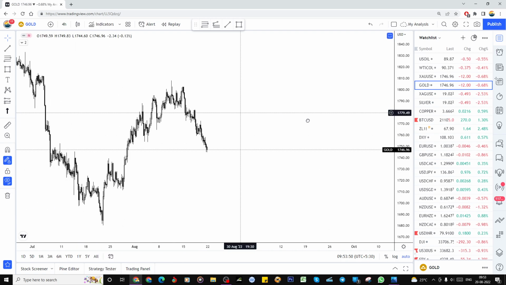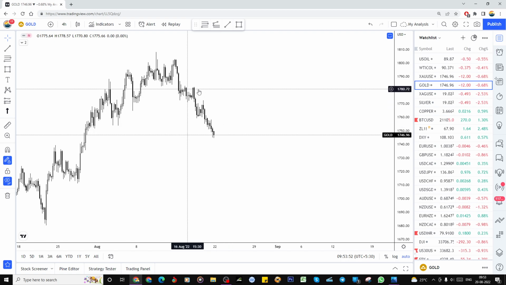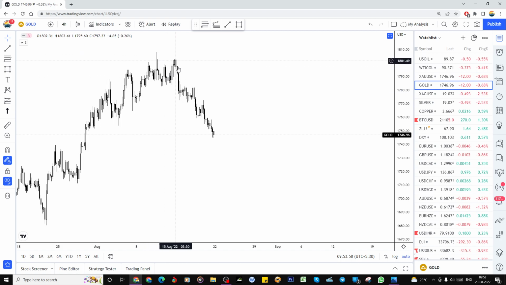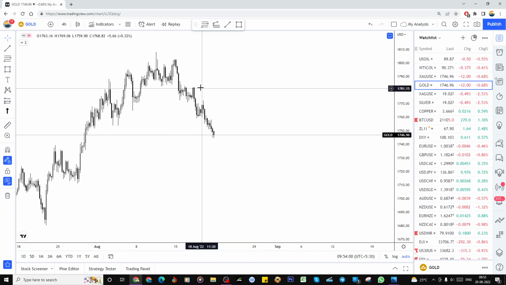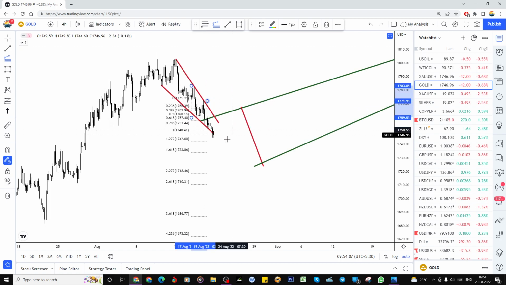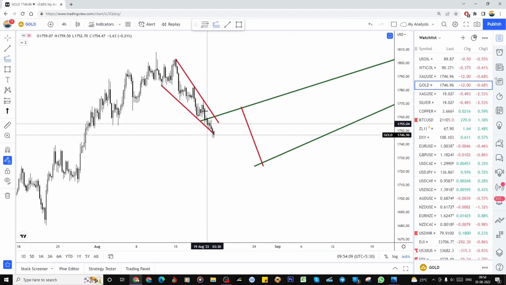Here it's looking like a 1 2 3 4 5, a wedge formation also. This is the one A, B, and C also, but here it's more than that. I'm not sure whether this is a 1 2 3 4 5, or whether this is a B, or A, B, C is a B, 1 2 3.